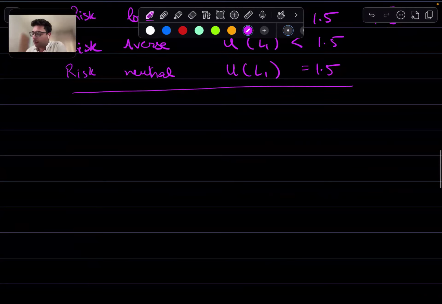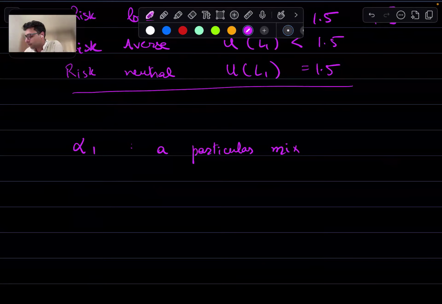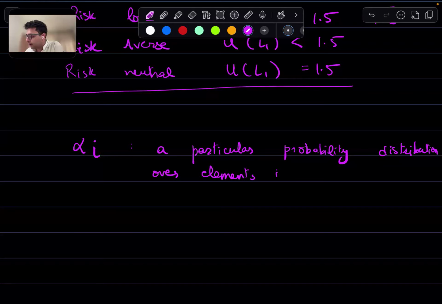Okay, now let's talk about a mixed strategy. So alpha i is a particular mix, or a particular probability distribution over elements in capital A i.